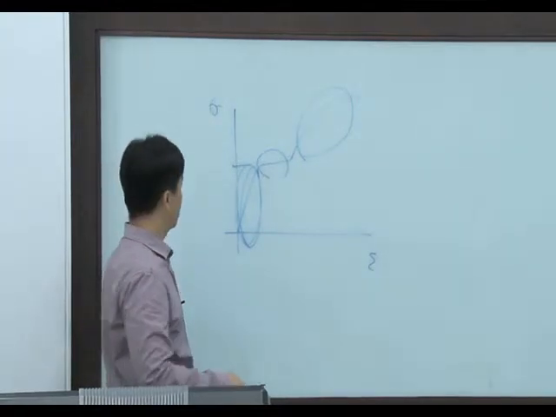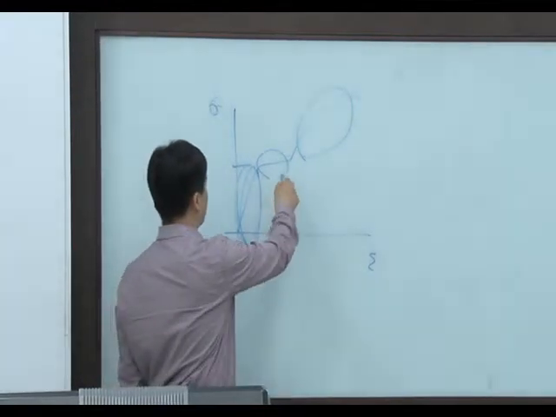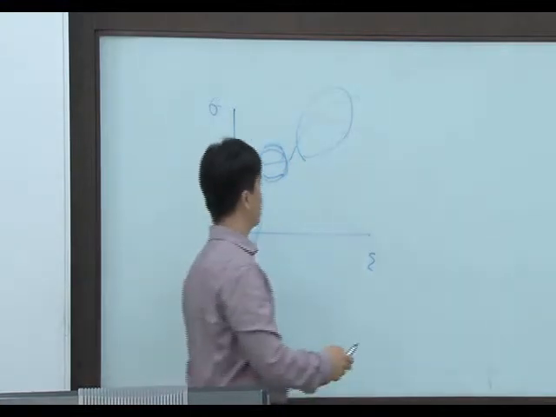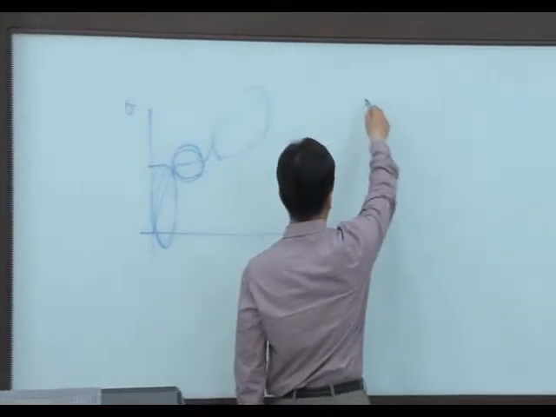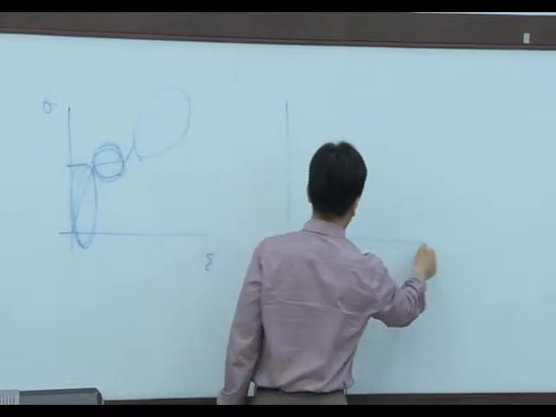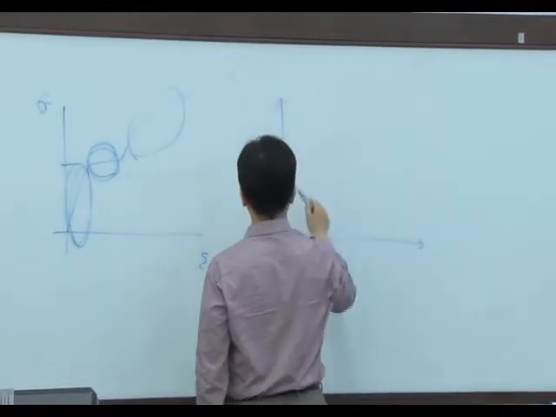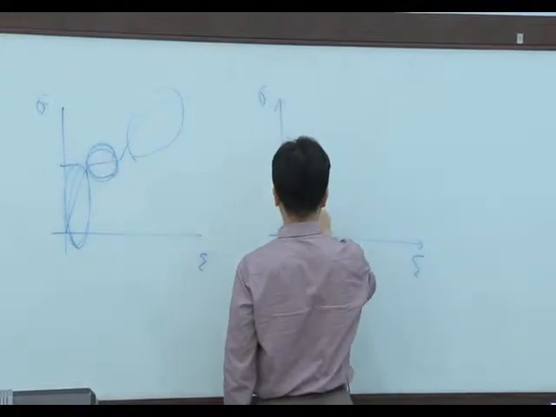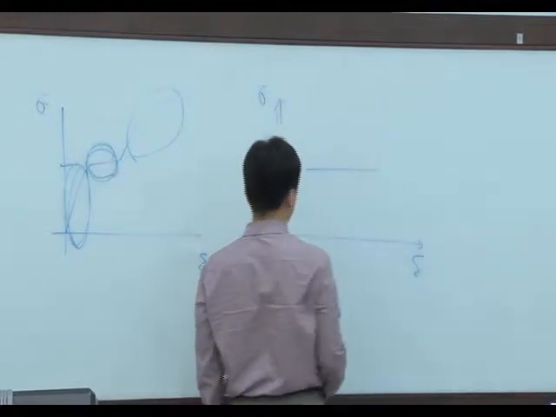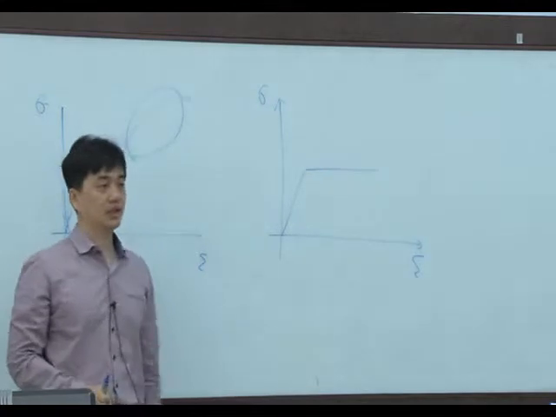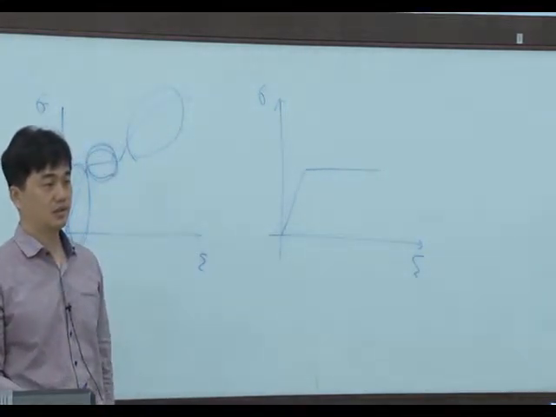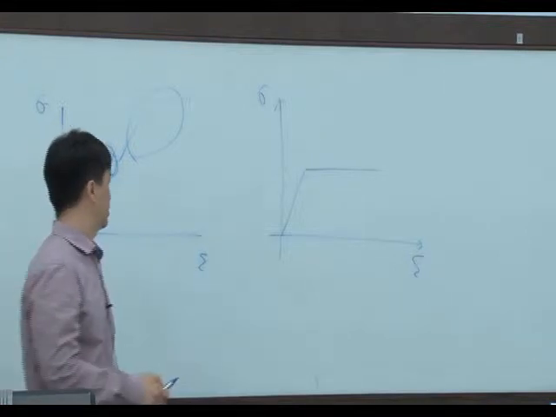Now, we wanted to expand our interest to the plastic part. So, we idealize this stress-strain relation very simply like this. This is an elastic and perfectly plastic material model.